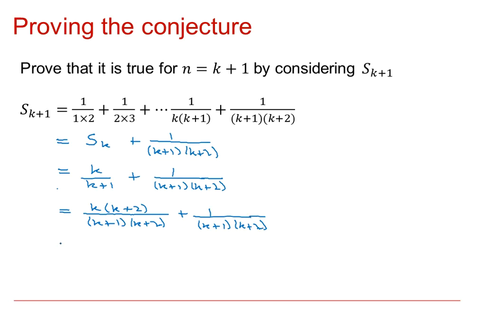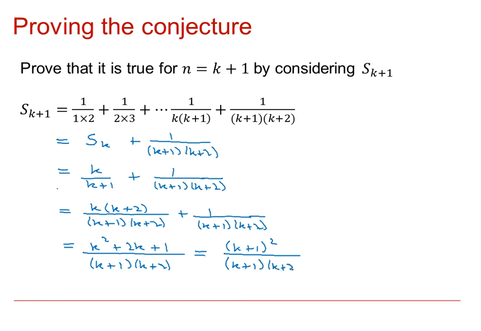Putting all of that over a common denominator gives me k squared plus 2k plus 1 over k plus 1 times k plus 2. And if we factorize the numerator, we get k plus 1 squared over k plus 1, k plus 2.